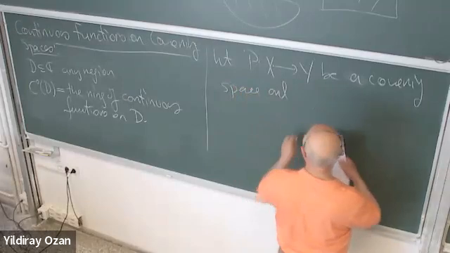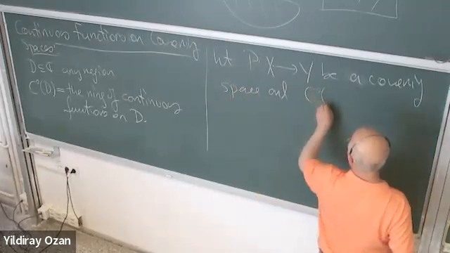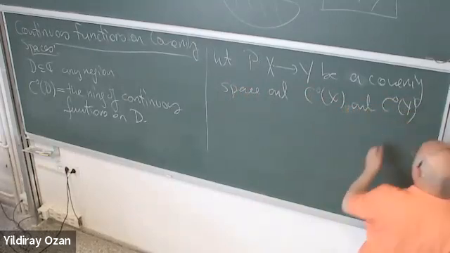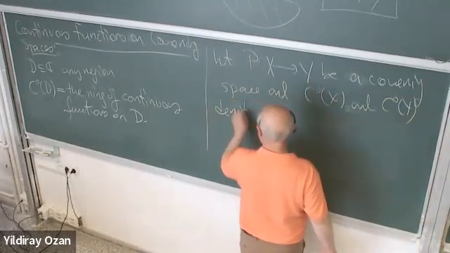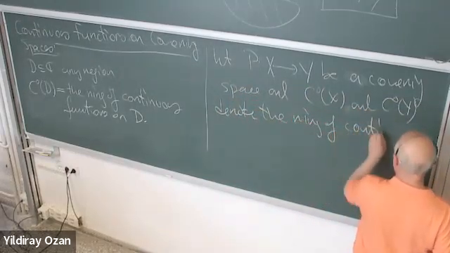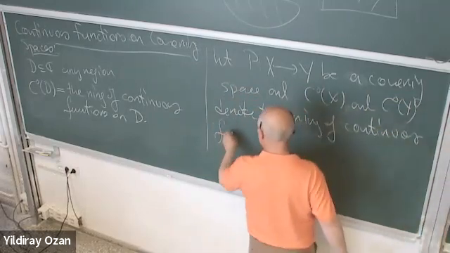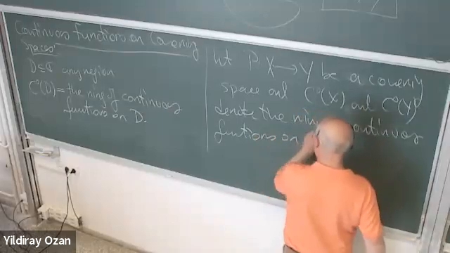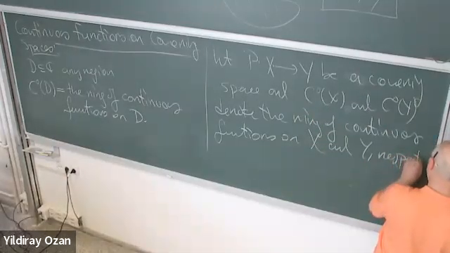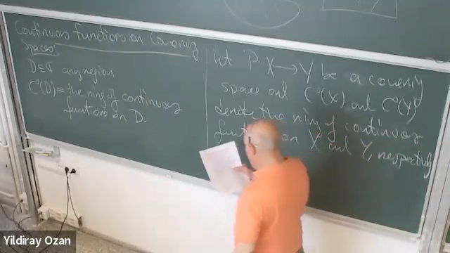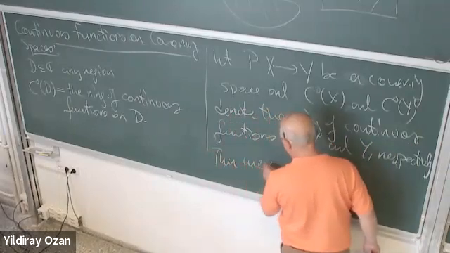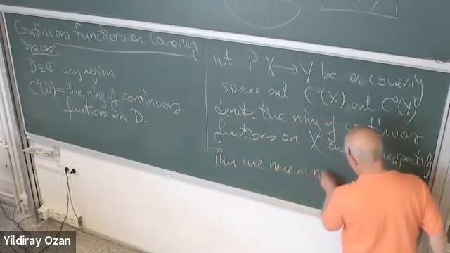And C0(X) and C0(Y) denote the ring of continuous functions on X and Y respectively. Then we have a natural map.